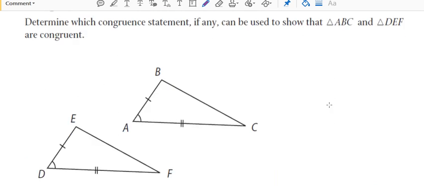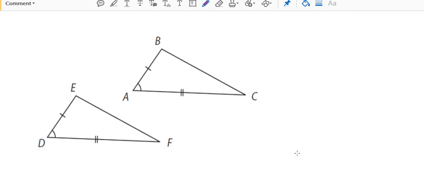All right, so in example 2, we want to start by figuring out which parts are congruent. So we have a situation where we have that AB is congruent to DE, and I also know that AC is congruent to DF.